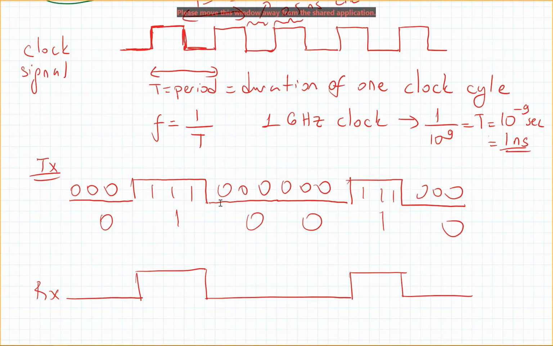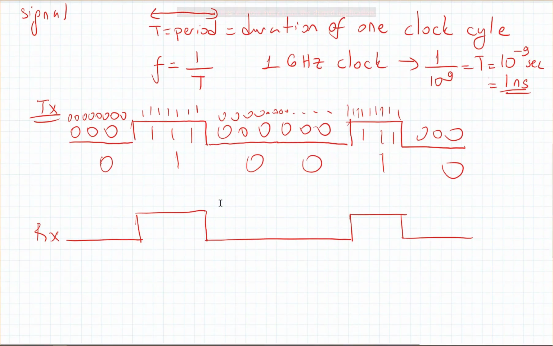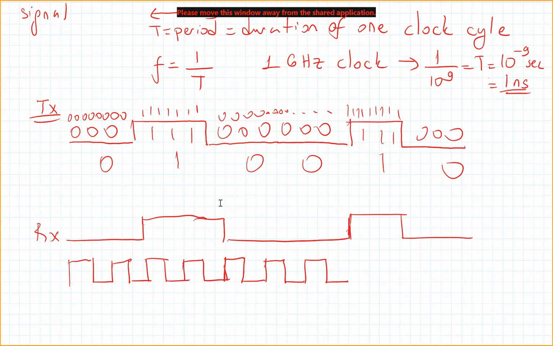So if I don't know the duration of my bit, this could be many things, right? If my frequency is very high, for example, I could have many zeros here and many ones here and many zeros here. So I need to determine my bit duration so that I can tell the receiver. So if this is my clock, then this will be my bit duration, right?